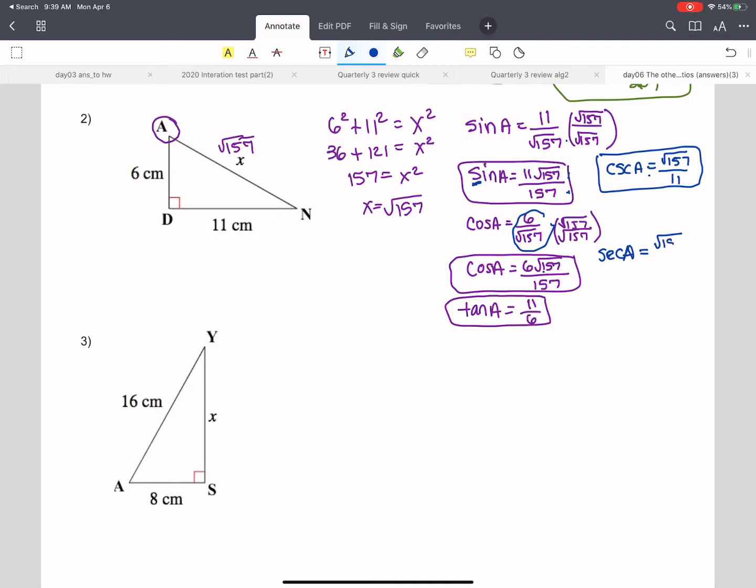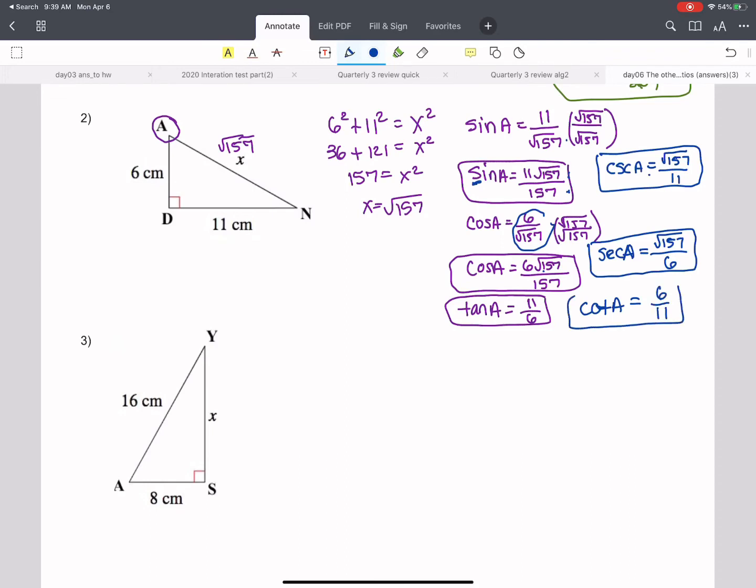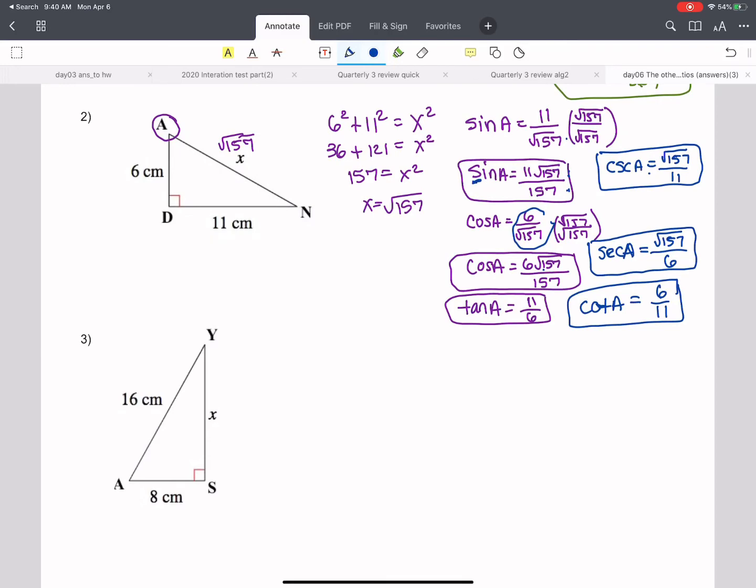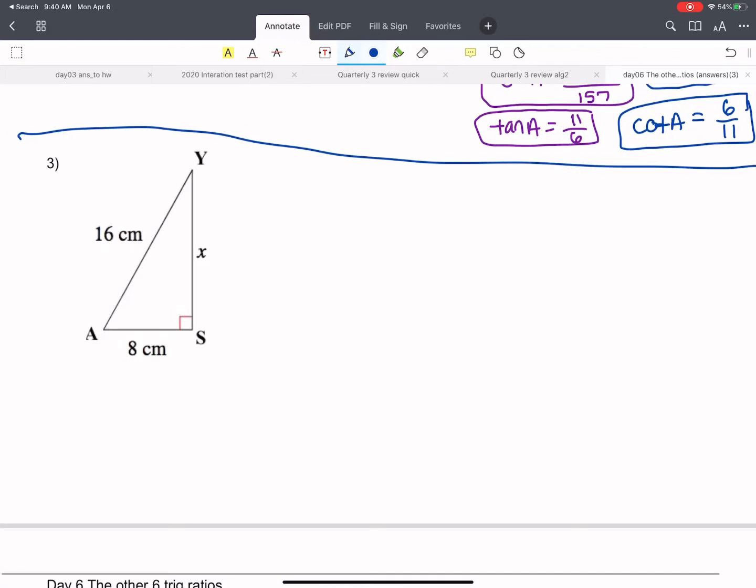Square root 157 over 6. And cotan of A is the reciprocal of tan, so that's just 6 over 11. Okay, now we have those. Well, let's check out this other one here.